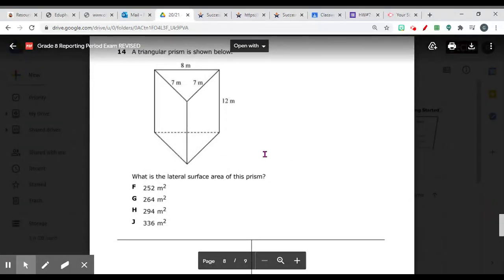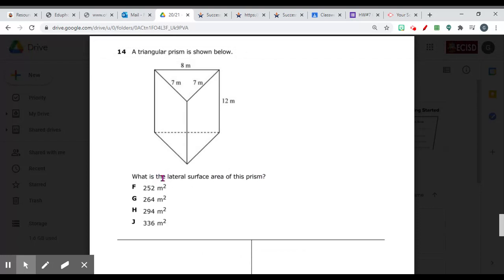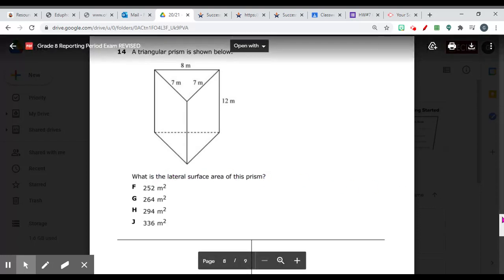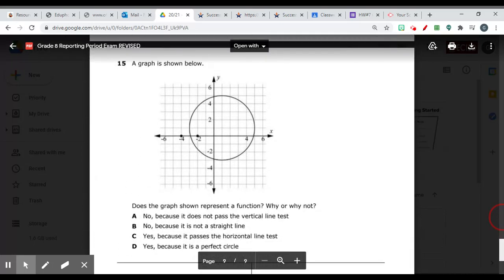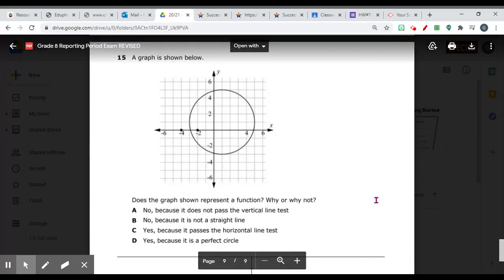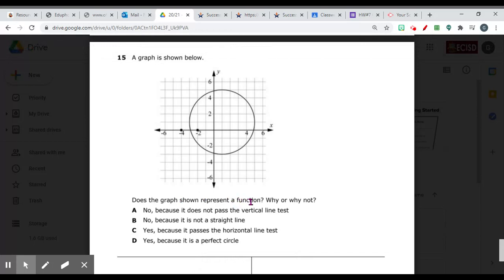Number 14. A triangular prism is shown below. What is the lateral surface area of this prism? And number 15, a graph is shown below. Does the graph shown represent a function?